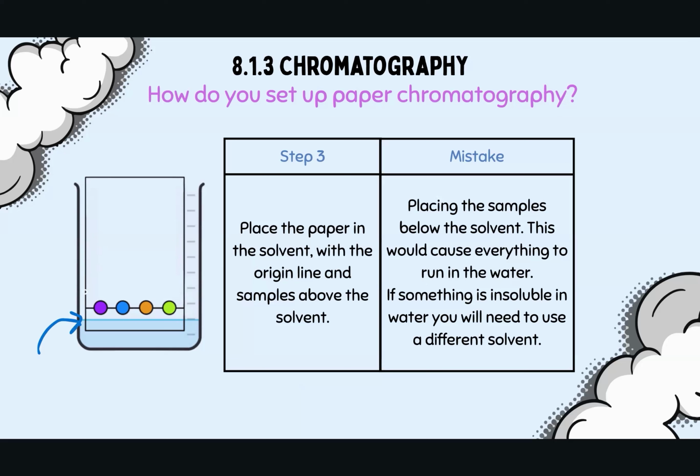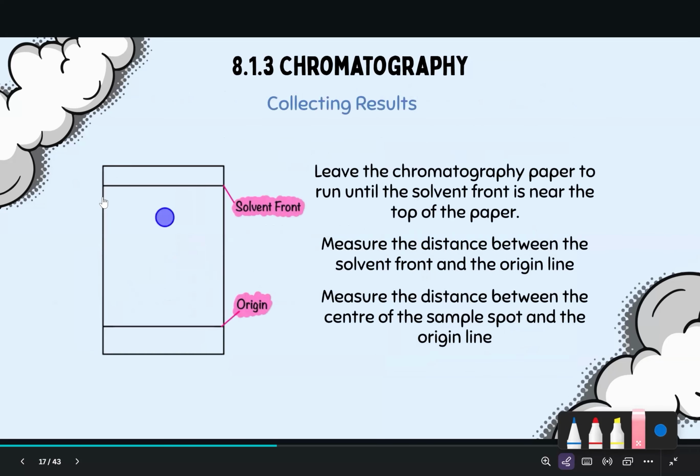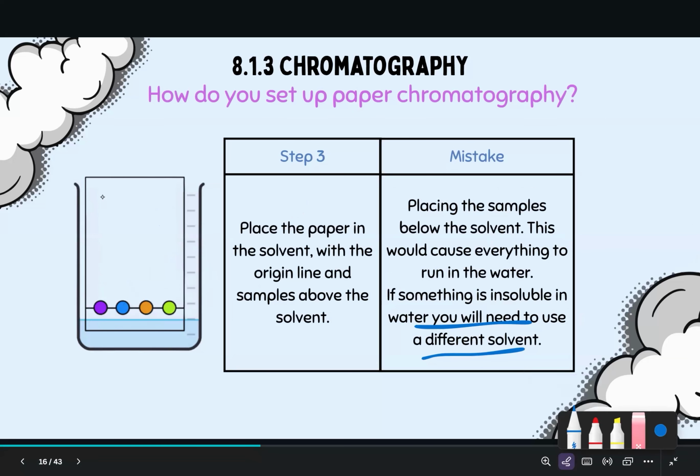So if you put the water line higher, that means all of this stuff will dissolve into the water and it'll go out of the paper into the water instead. If something's insoluble in water, then you have to use a different solvent. So some of these inks that have been added might not dissolve in water. If that's the case, usually the experiment's done again using a different solvent, for example, ethanol.